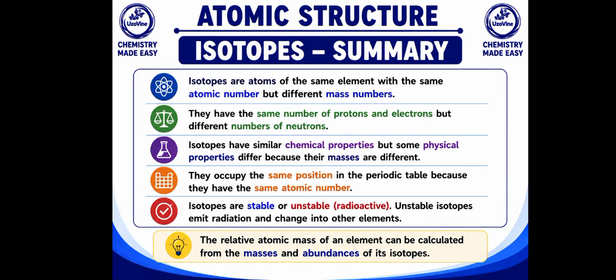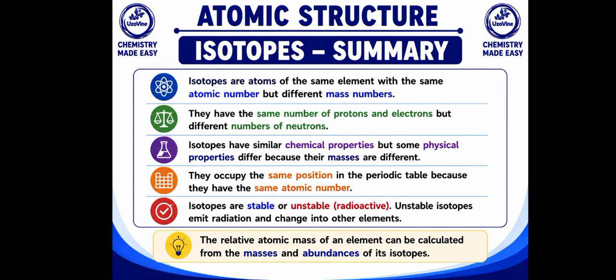They occupy the same position in the periodic table because they have the same atomic number. Isotopes are stable or unstable, radioactive. Unstable isotopes emit radiation and change into other elements. We said the relative atomic mass of an element can be calculated from the masses and abundances of its isotopes.